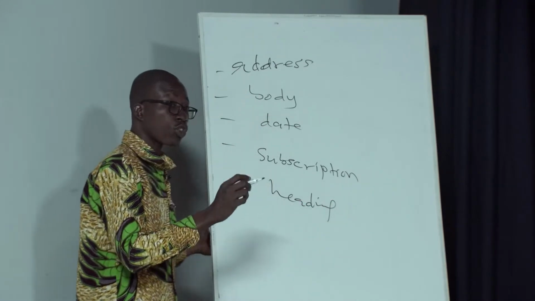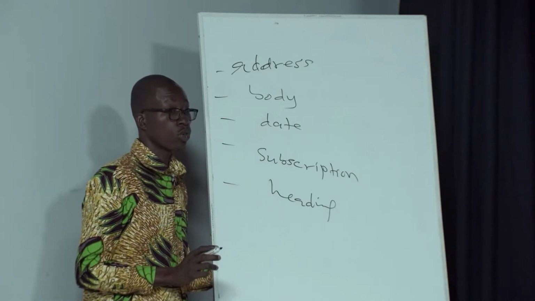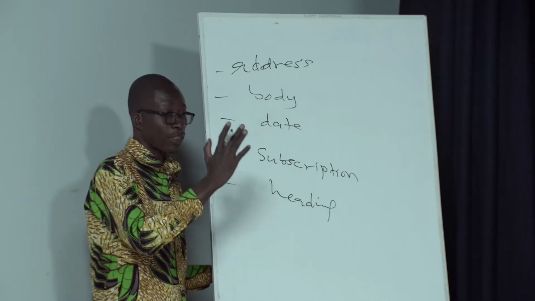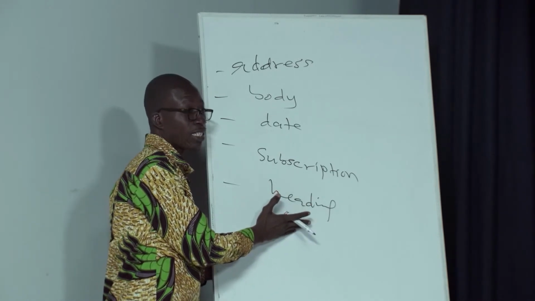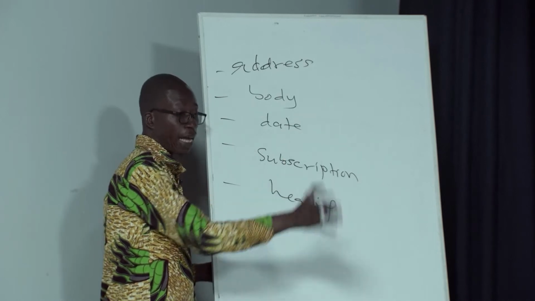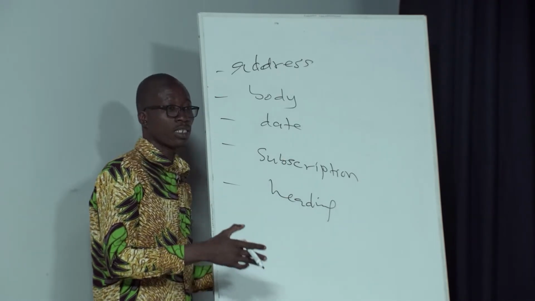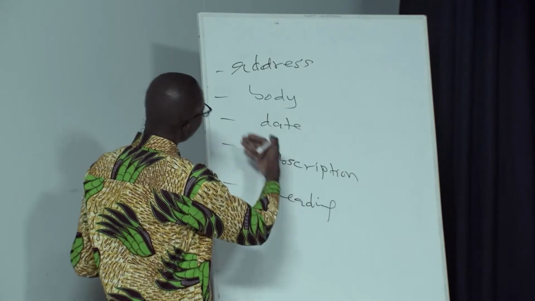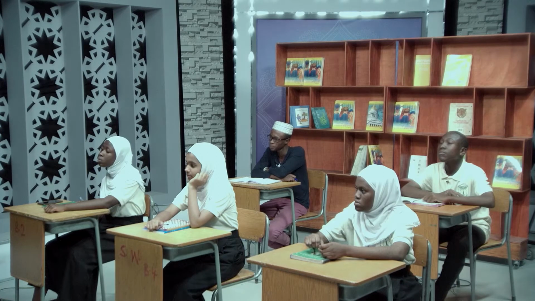But not all letters have what? Heading. That you should know. And especially what we are going to treat today, those letters do not have what? Headings. But certain letters do have what? Headings. Good. So you've done well. These are typical parts of letters.